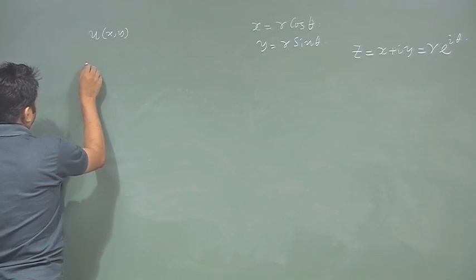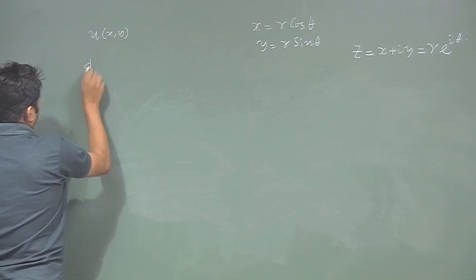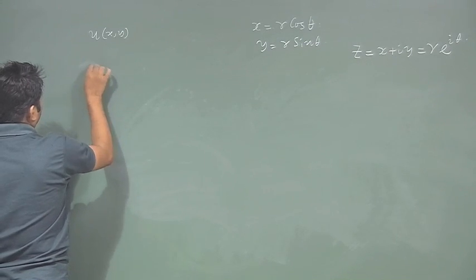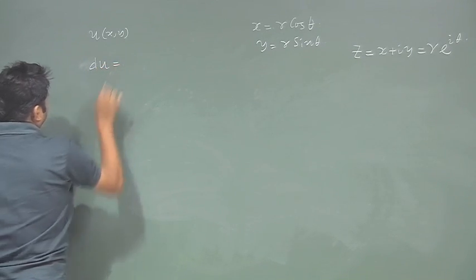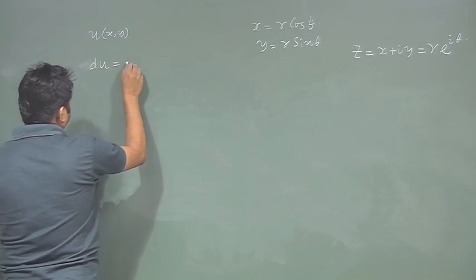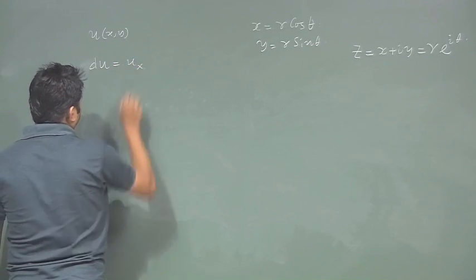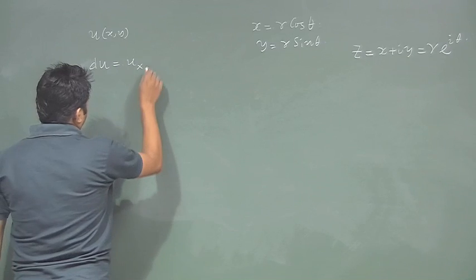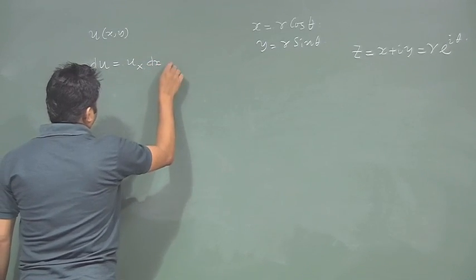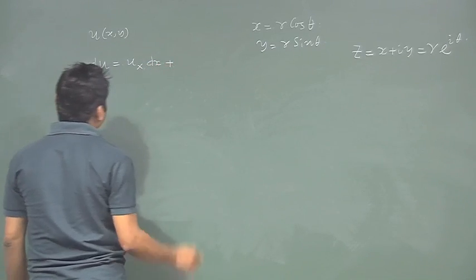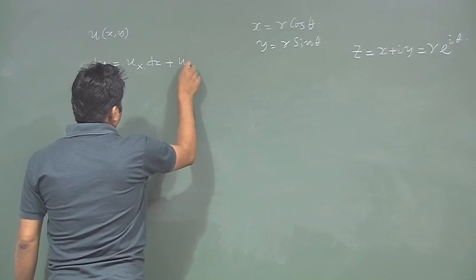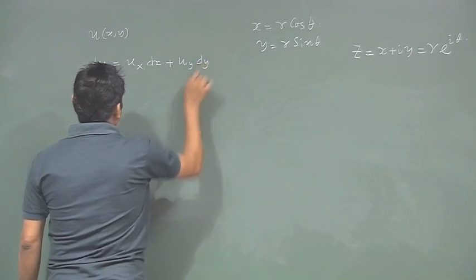So if I write du, it will be ux dx plus uy dy.